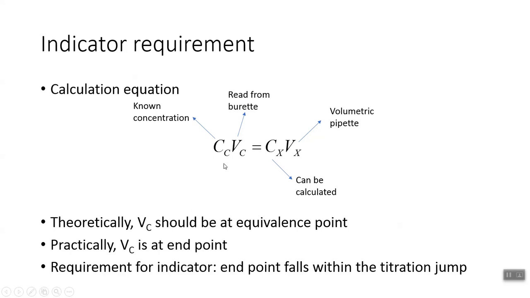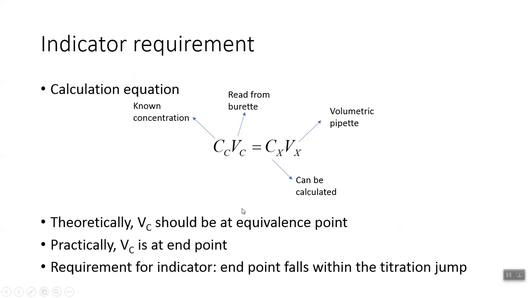Theoretically, VC, the volume of the standard solution, should be at the equivalence point. However, in practice, we can only read the volume of the standard solution at the endpoint indicated by the indicator. Therefore, the requirement for the indicator is that the difference between the endpoint and the equivalence point is small, to obtain a small error.